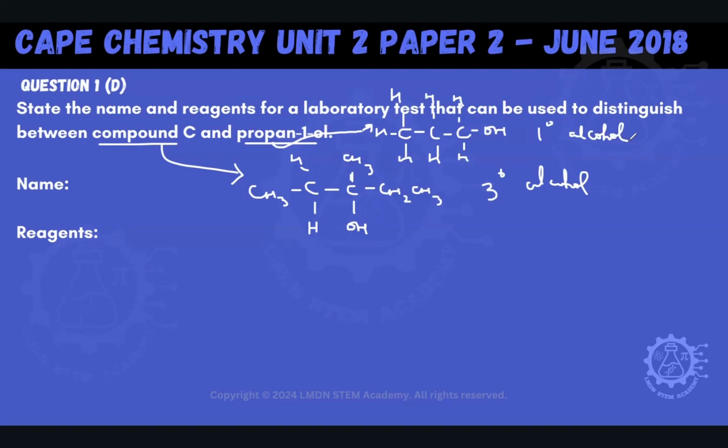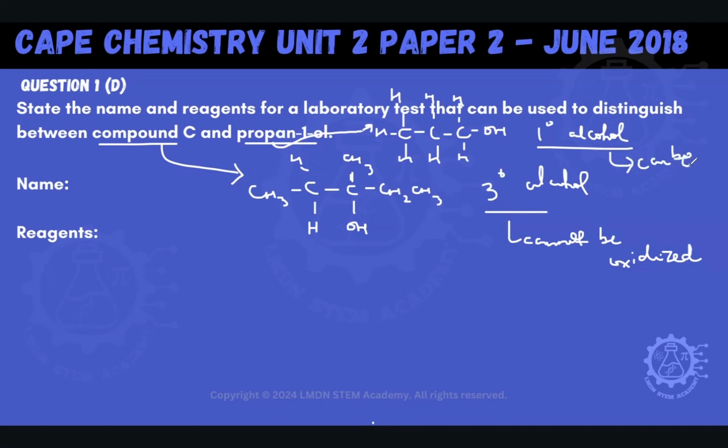Okay? So what we're doing in essence is we're coming up with a test. What test can you use to distinguish between a primary alcohol and a tertiary alcohol, right? So you might remember that tertiary alcohols cannot be oxidized, right? They cannot be oxidized, while the primaries can be oxidized.